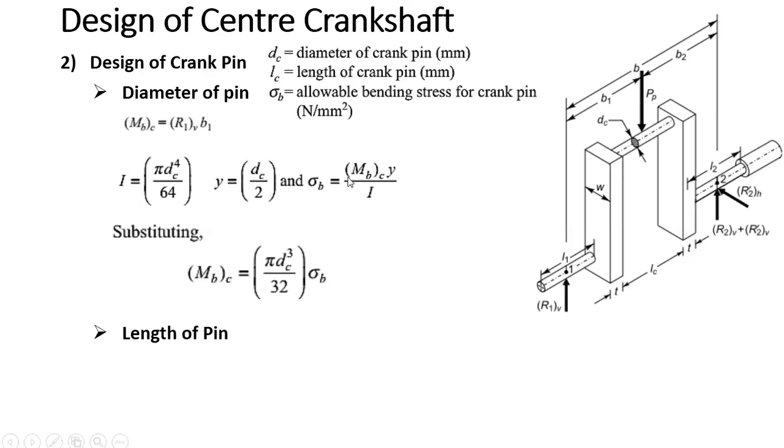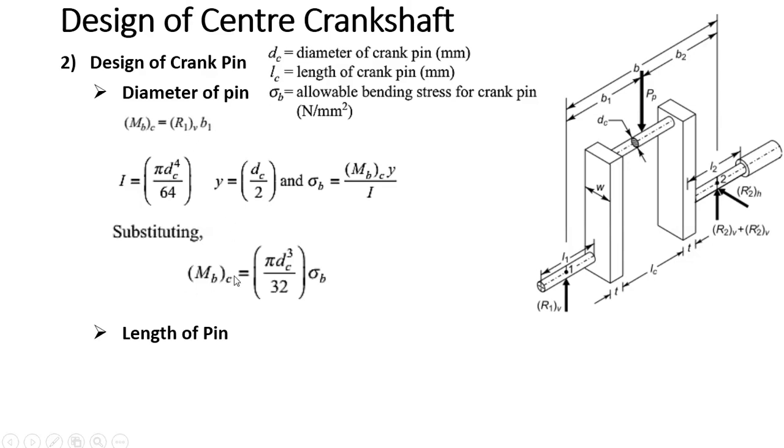It is the maximum moment, which always occurs at the center: for a simply supported beam the moment at the ends is 0, but at the center the moment is maximum. So R1V into B1 will give the maximum bending moment at the center.